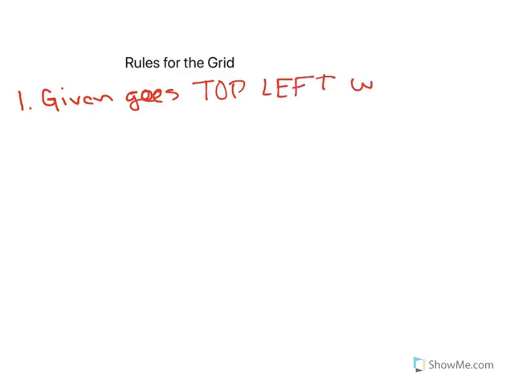Okay, so we've previously talked about 3 rules for the grid, and if you want to go ahead and get those notes out real quick, we're going to add to them today. So we're going to add to our rules for the grid. Rule number 1 was the given goes top left with units.